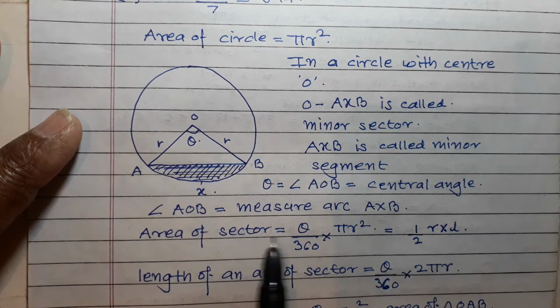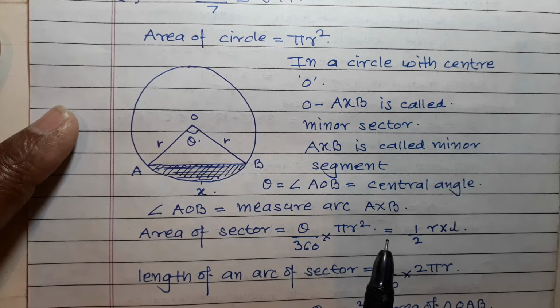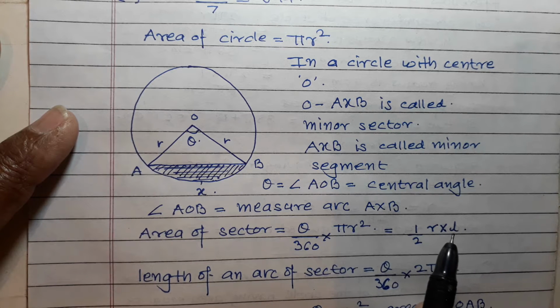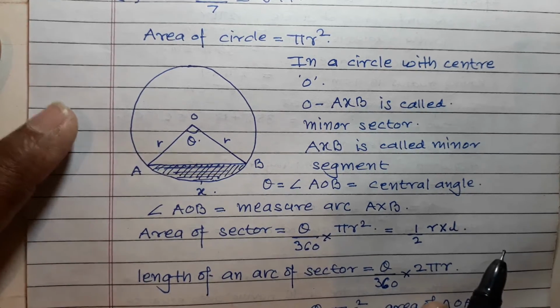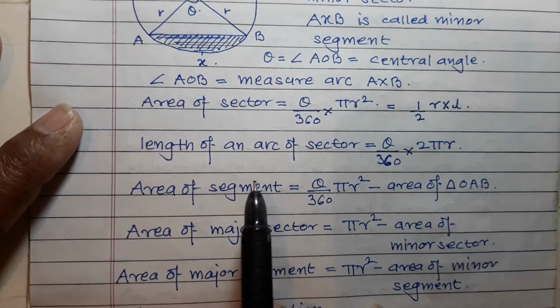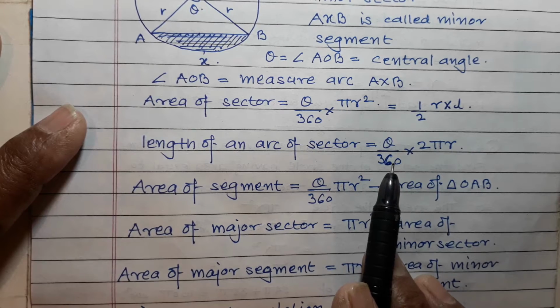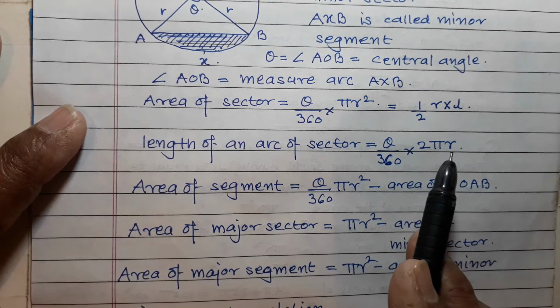Area of sector is equal to theta upon 360 into pi r square is equal to 1 upon 2 r into L, where L is equal to length of an arc of sector. So that means this length. Length of an arc of a sector is equal to theta upon 360 into 2 pi r.